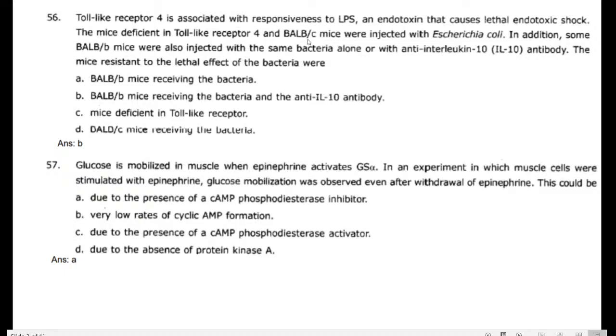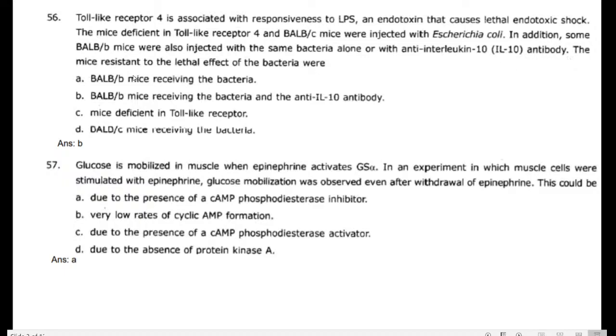There are two types of mice: BALB-C mice and BALB-B mice. The C mice and the B mice are injected with the same bacteria, Escherichia coli alone, or it may be injected with interleukin 10.